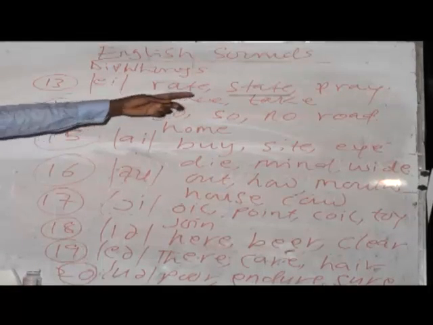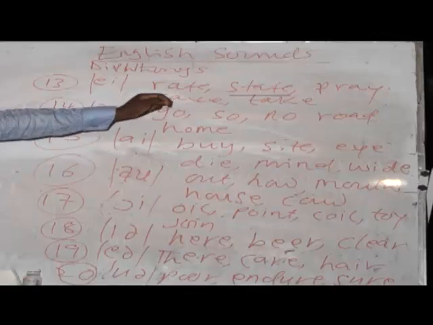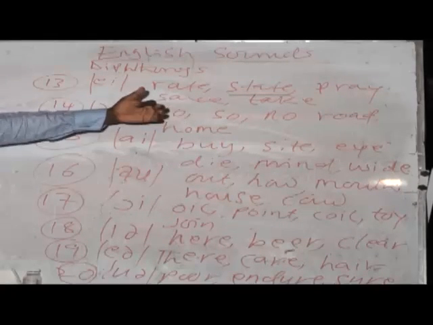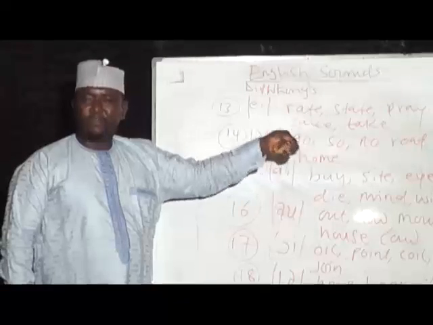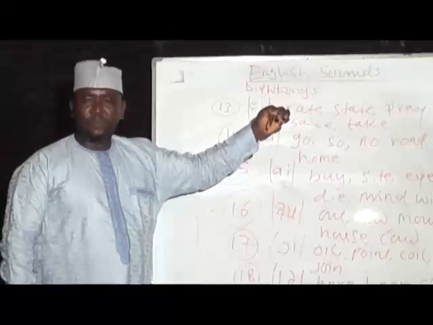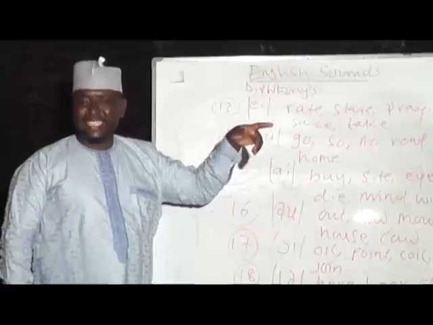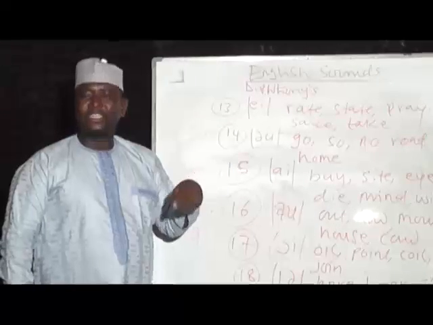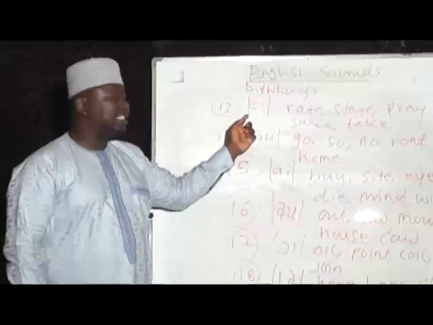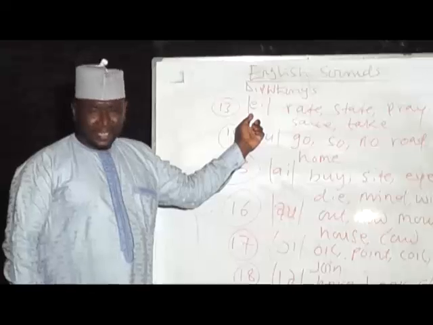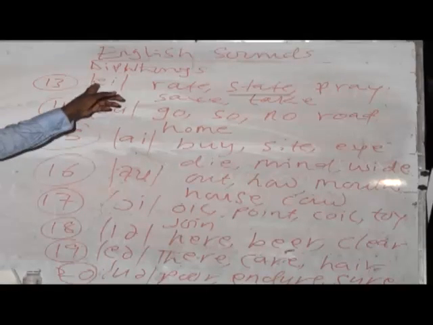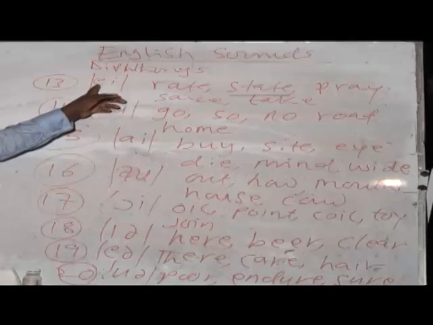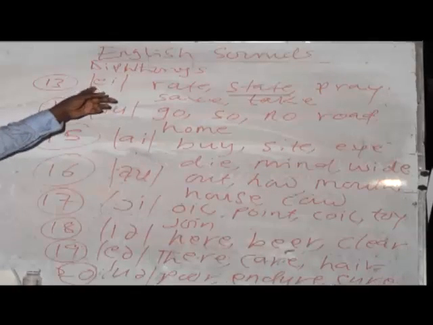So you say the executive governor of Zamfara State, the executive governor of Lagos State. You don't pronounce it as Lagos State. It's not state, but state, because it is taking diphthong number 13. If you pronounce it as state, you just put vowel number 3. And in this case, it is diphthong number 13.